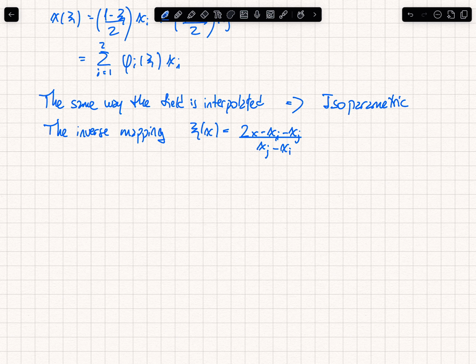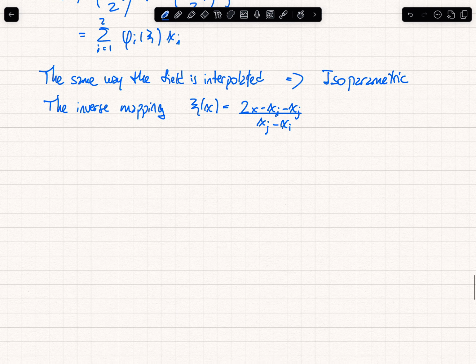For instance, triangles in 2D have an inverse mapping, but quadrangular elements no longer have a very straightforward inverse mapping, and so you need to solve a nonlinear equation to get to the inverse mapping. So in other words, finding the coordinate in the master element, given a global coordinate, sometimes it's very straightforward, like here, but sometimes it's a little bit more difficult. Okay?